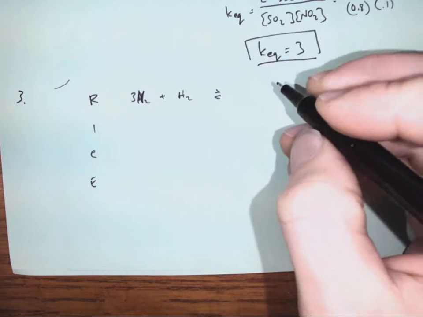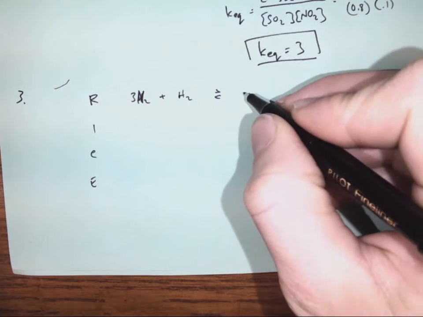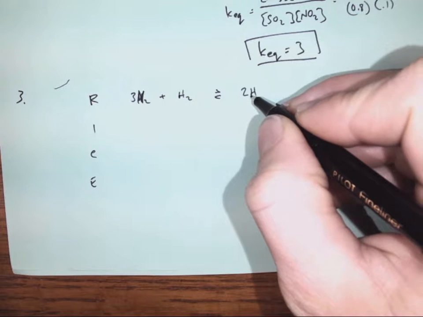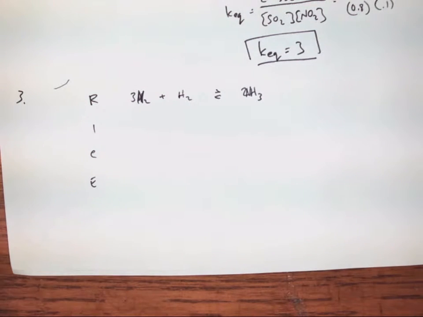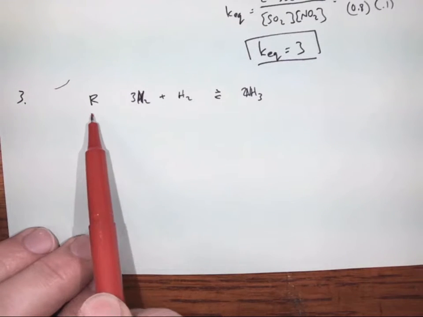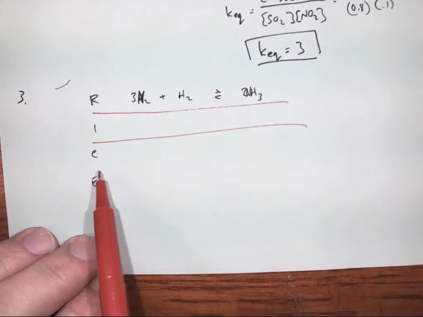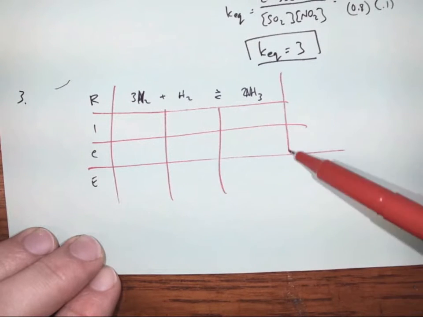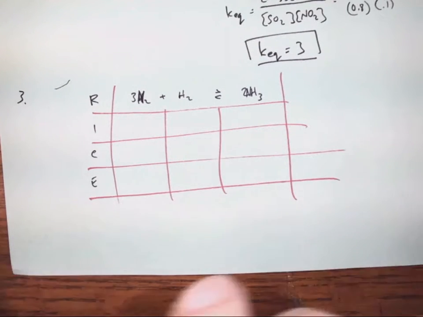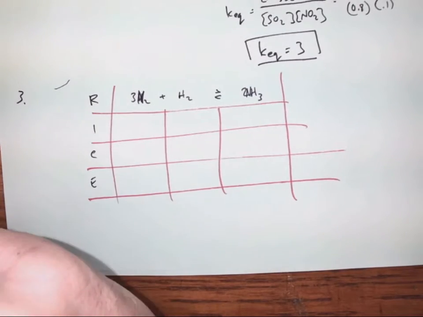That's at equilibrium with 2 ammonia molecules. I can't write and talk at the same time, apparently. All right. Don't need these necessarily, but something tells me it will help me keep things straight.